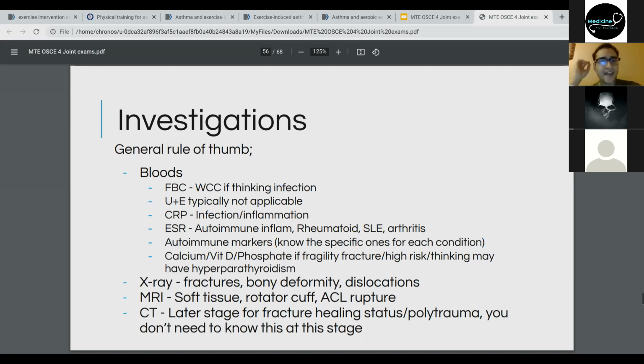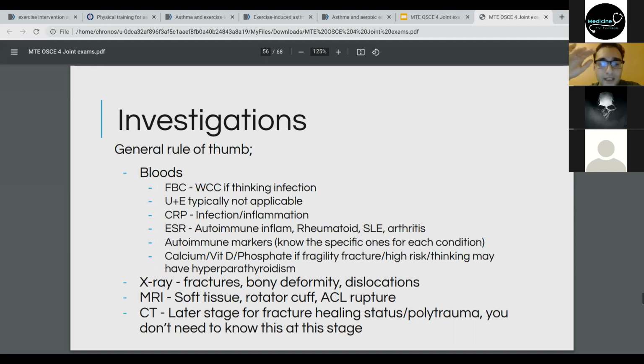Now, I wouldn't always get a bone screen for an OSCE patient. If they have a fragility fracture, so for example, a wrist fracture from a fall or a fractured neck of femur, or if they are high risk for osteoporosis or osteopenia, so let's say they have hyperparathyroidism or they are on steroids, or if from your exam generally you think they may have hyperparathyroidism, then I would consider getting a bone profile.